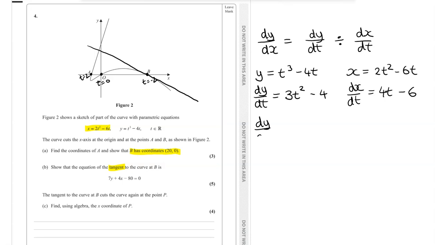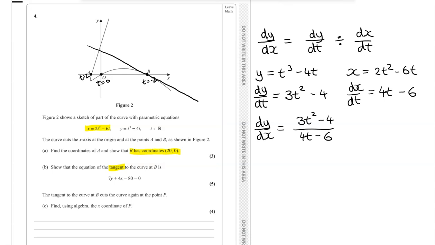So dy by dx will be 3t squared minus 4 divided by 4t minus 6. There's no need to do any simplifying here. We'll leave it as that, because what we want to now do is find what the gradient is actually going to be. So this is our gradient function for the curve.